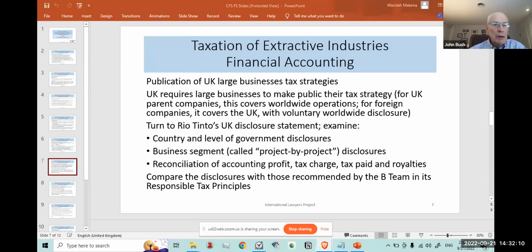And we should be on slide 7 on the slide deck. Many governments got very frustrated with companies obscuring what they were doing, and the tax authorities could not figure out what they were doing by looking at their financial statements.